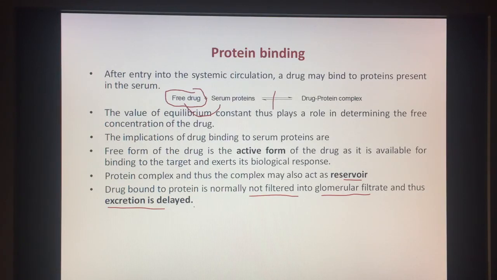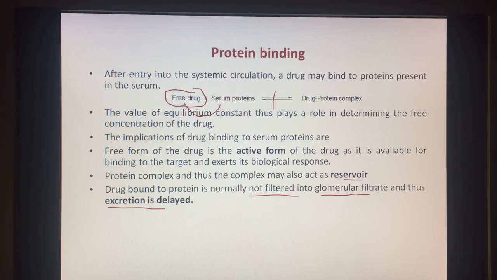In addition to this, drugs also compete for binding to the serum proteins. If we have a drug and then we co-administer another drug that also binds to the protein, the second drug may displace the first drug and thus increase the concentration of free drug of the first category.